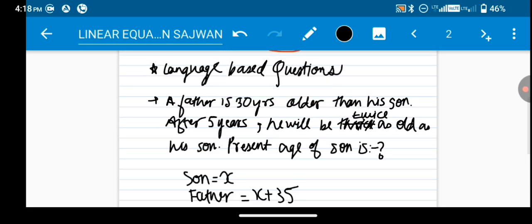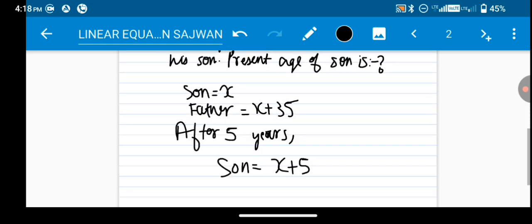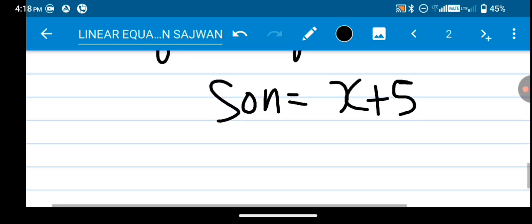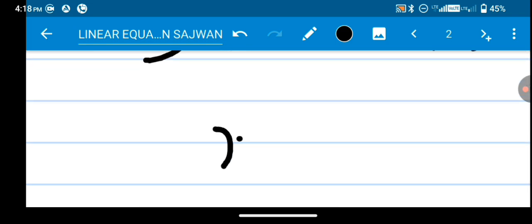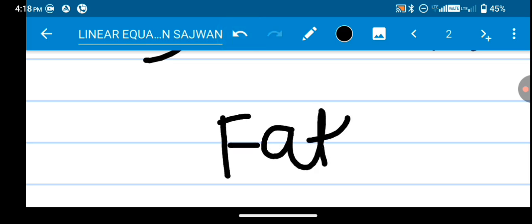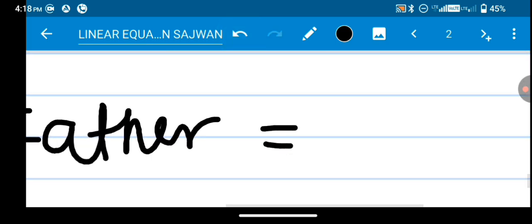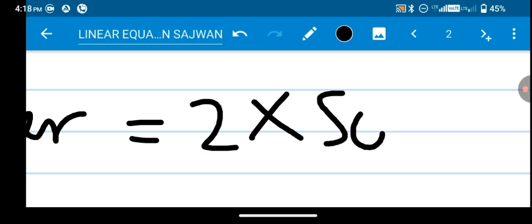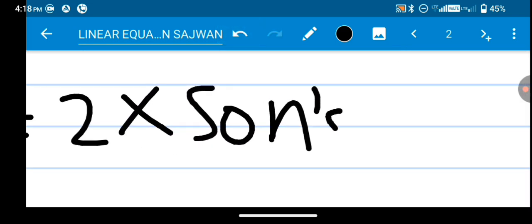After 5 years he will be twice as old as his son. This means after 5 years the father will be equal to twice his son's age.